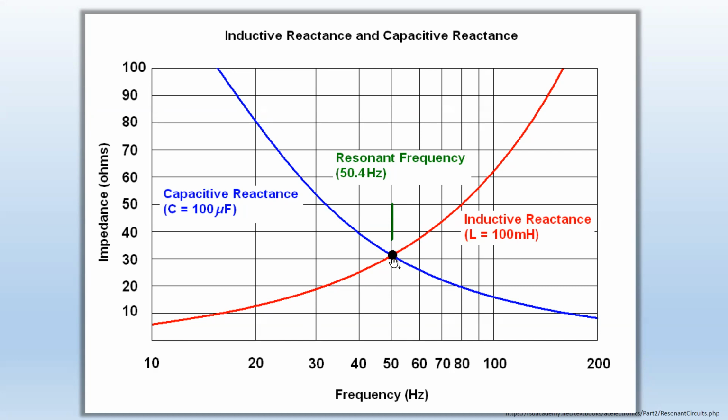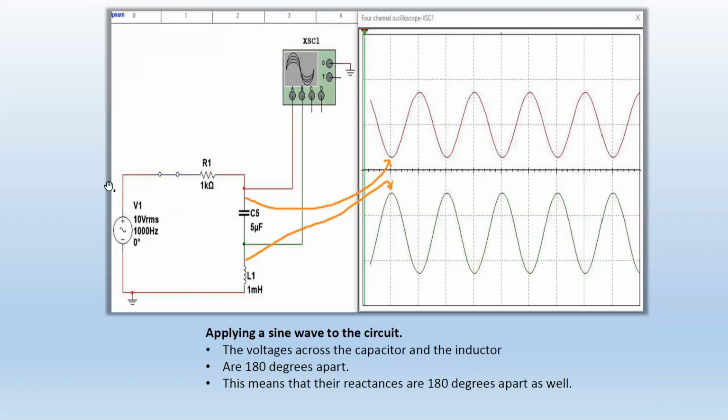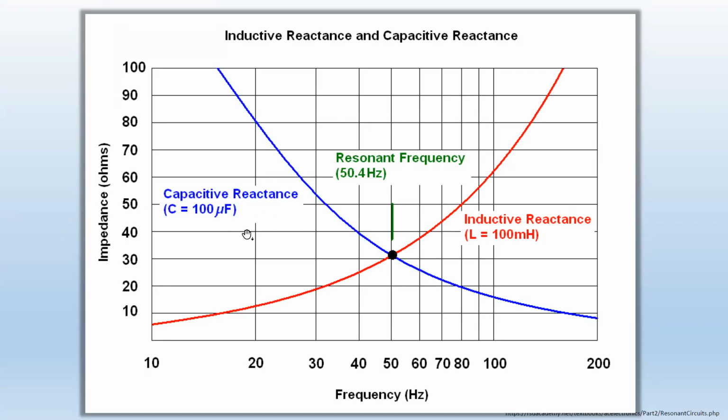So in this case here, if you have a capacitor of this particular value, and a coil of this particular value, its resonant frequency, that's what we call it, is going to be 50.4 hertz. Now, if you change the values, the resonant frequency is going to be different because the values are different. The reactances are going to be different here. Right?